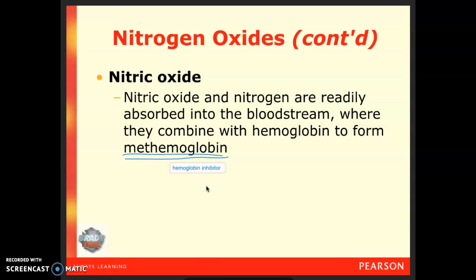If you get a high enough concentration of it, it is going to be a little bit more difficult for your body to work with it and process it. It can eventually lead to some pretty nasty effects as far as oxygen transport is concerned. You can get into anoxia or other kinds of asphyxiation effects.